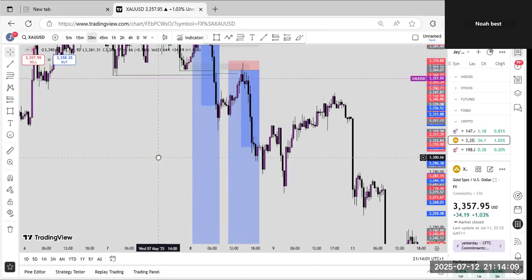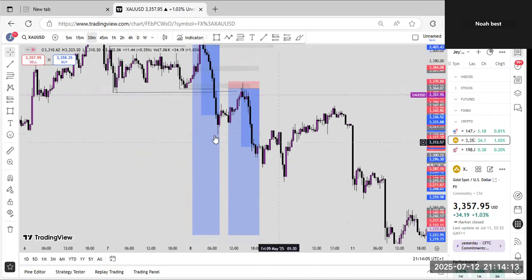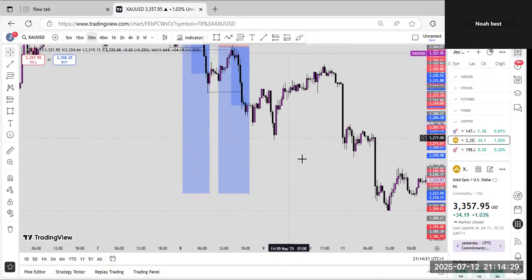All right, looking at this particular one, you see there's a break of structure here. There's a break of structure.